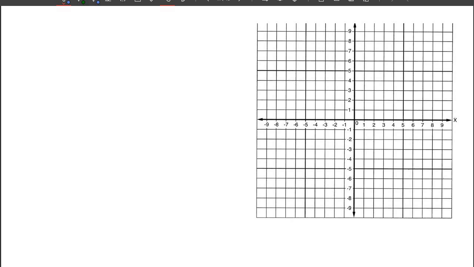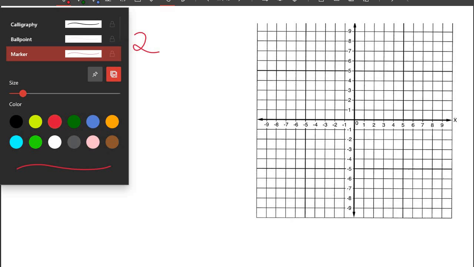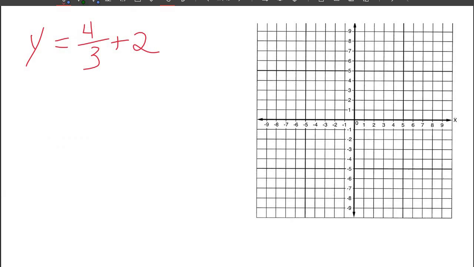Alright. Let's do another one. We'll have y equals 4/3x plus 2. So this one, we're starting at y equals 2. That's my starting point. We go up 4 and over 3. It is possible to reverse this if you really wanted to.